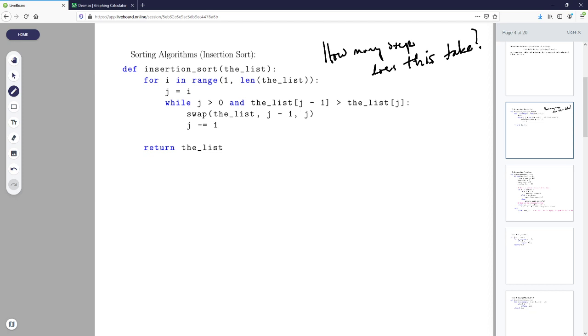So you have a list, and you're going to insertion sort it using this. Look at what happens here. Here's a for loop. When you're doing big O analysis, you pretend that the length of the list is equal to n, right? You define this.